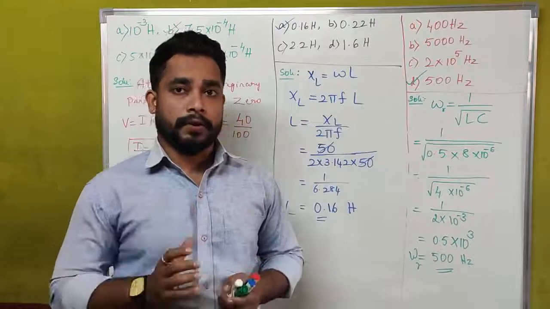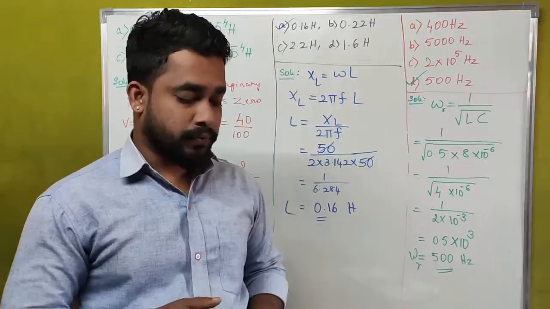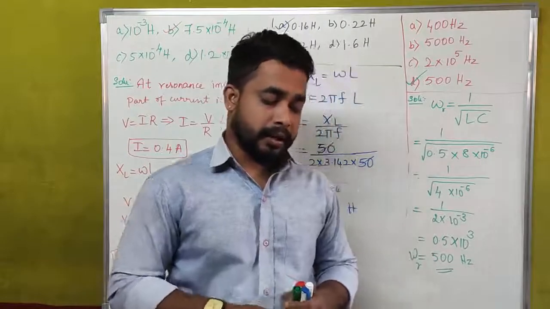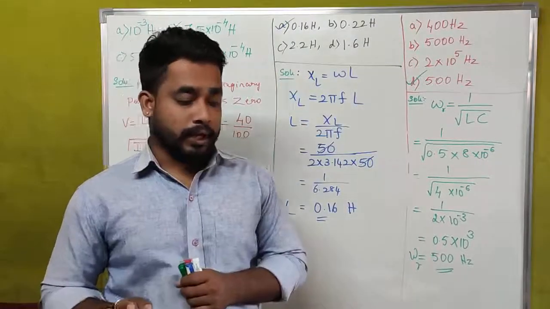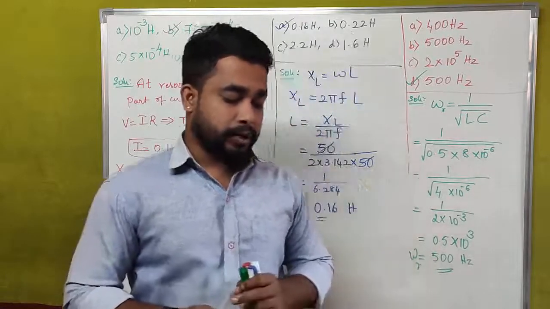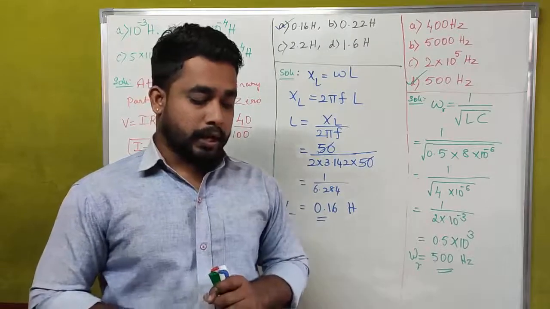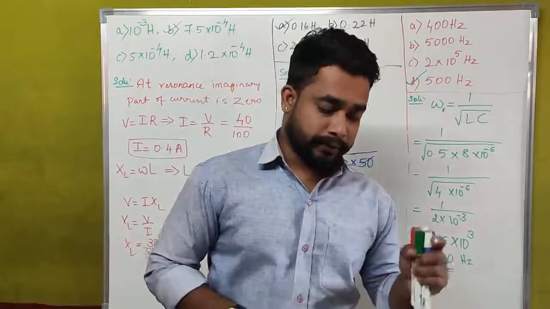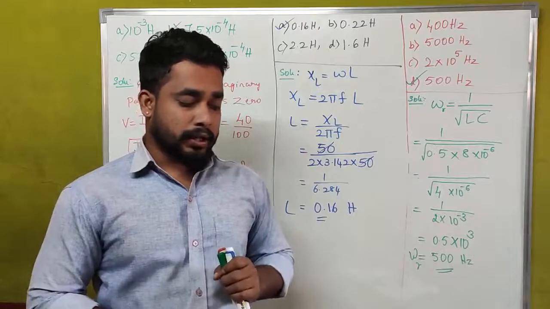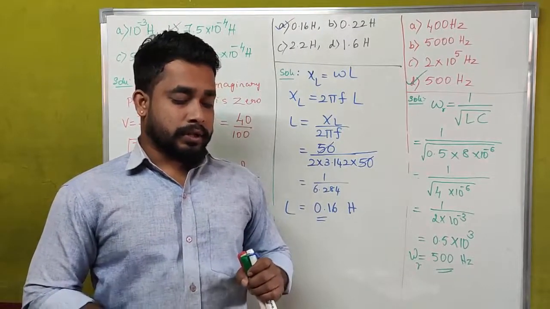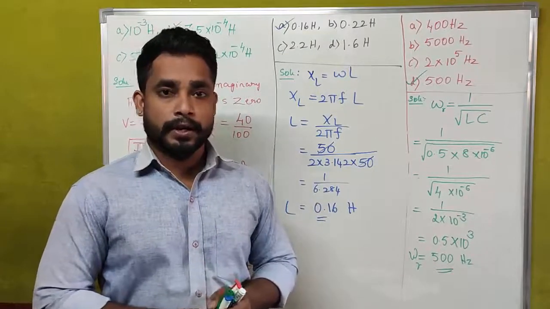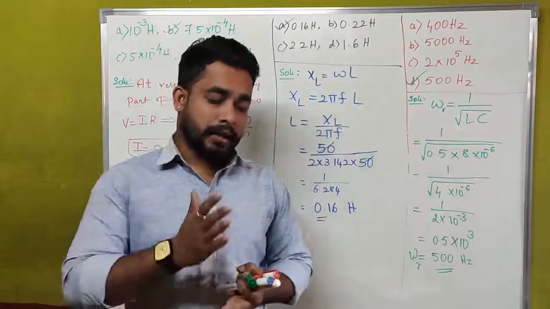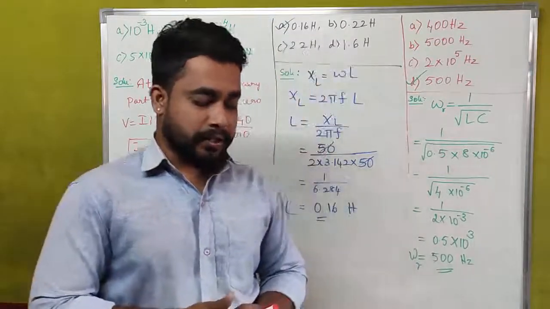The value of inductance which should be connected in series with a capacitance of 0.5 microfarad, a resistance of 10 ohms and an AC source of 50 cycles per second, so that the power factor of the circuit is unity.